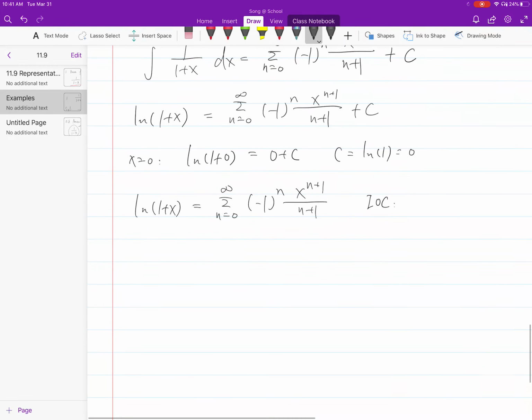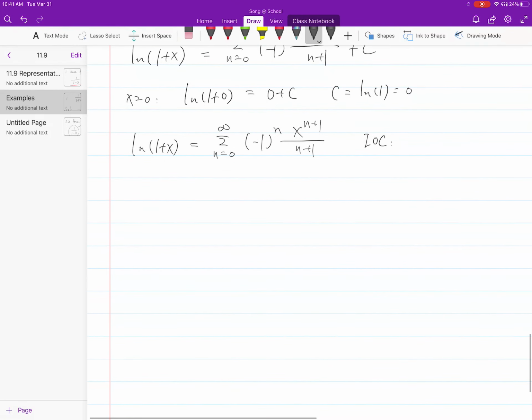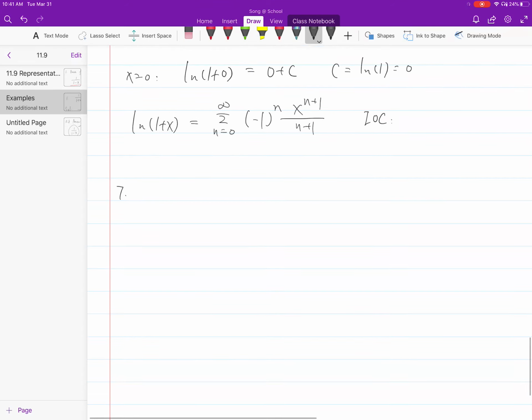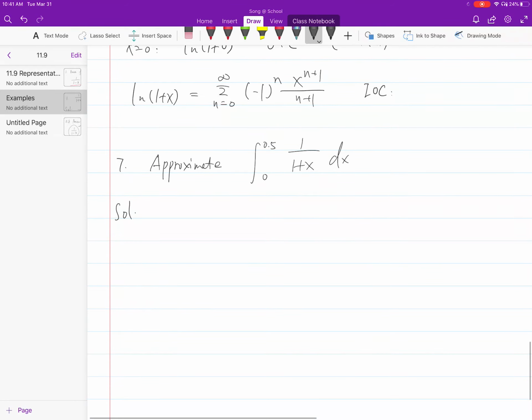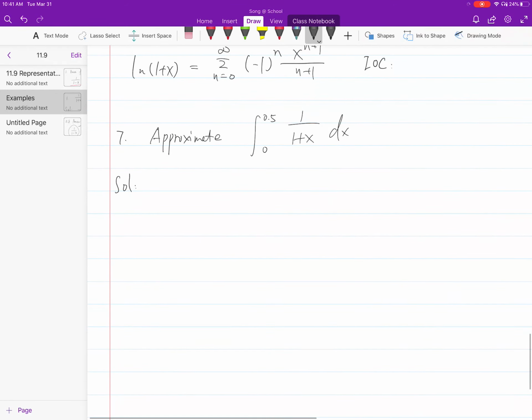One more example I want to show you, just quickly for fun. Okay. This is not standard, but let's see. Approximate this. Let's see what we have here.